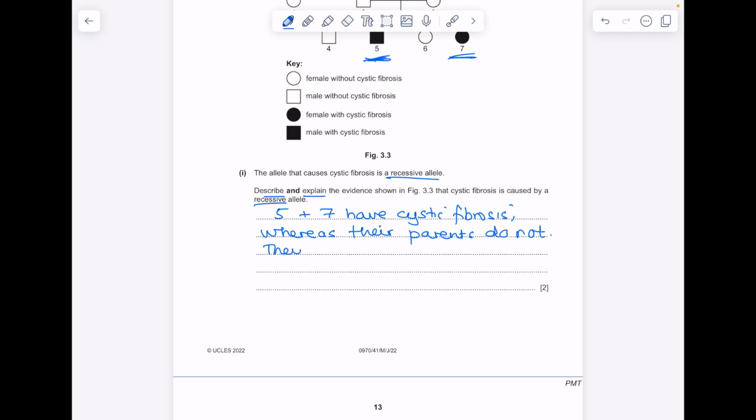Their parents must therefore be carriers of this recessive allele.